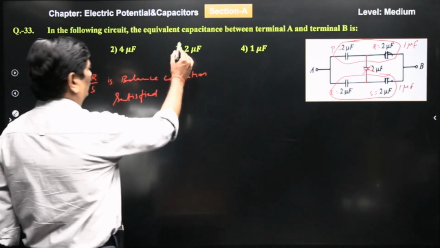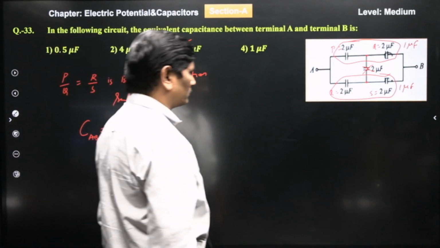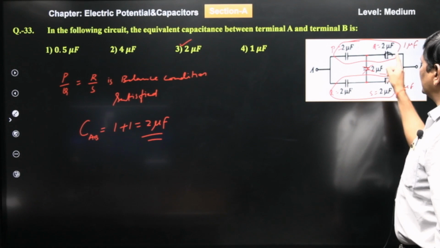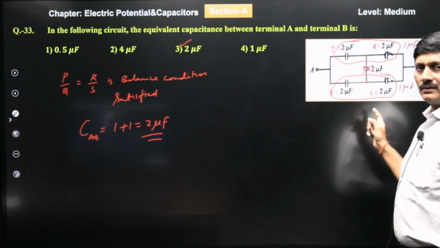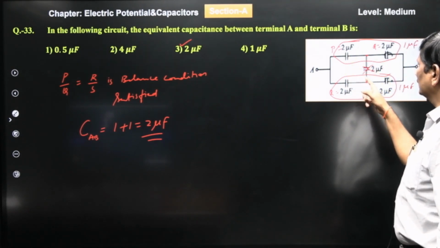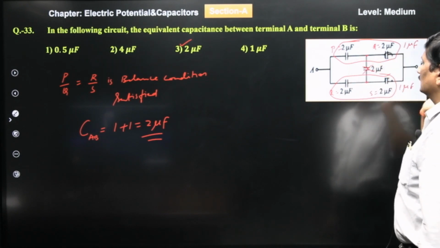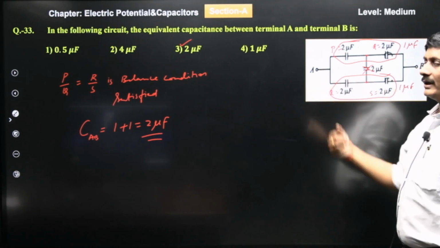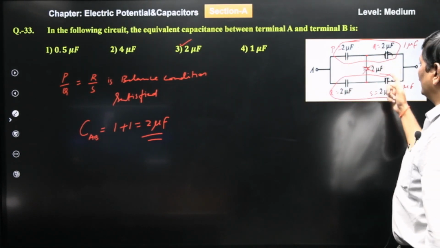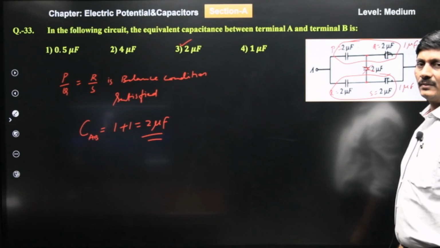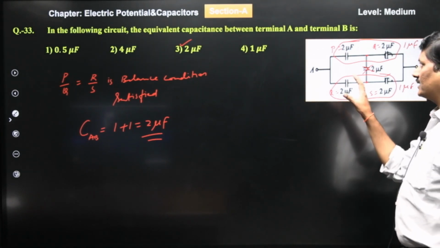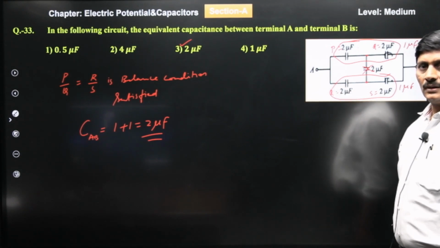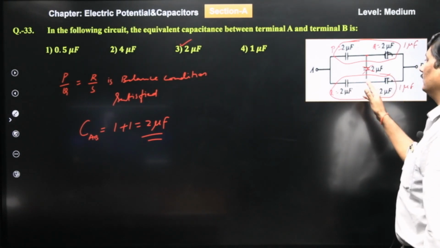One thing you can easily remember, in Wheatstone's bridge network, if all the values are same, P, Q, R, S values are same, your answer will be the same. All are 2 microfarad means effective capacity is 2 microfarad. All are 10 microfarad means effective capacity will be 10 microfarad. So, when the Wheatstone's bridge is balanced with identical capacitors, even for the resistors also, all are same means answer is the same.